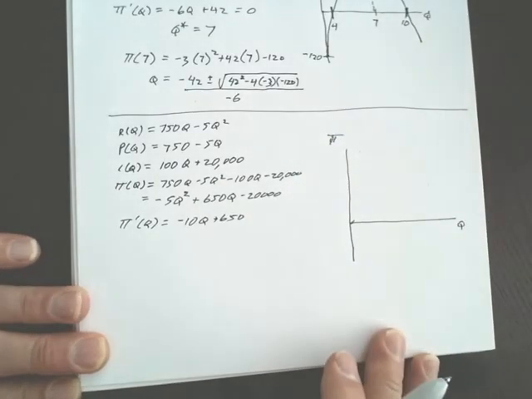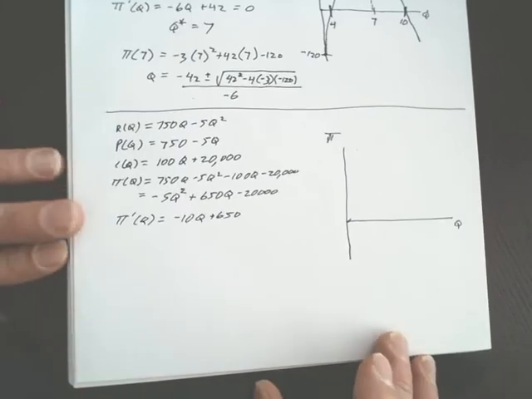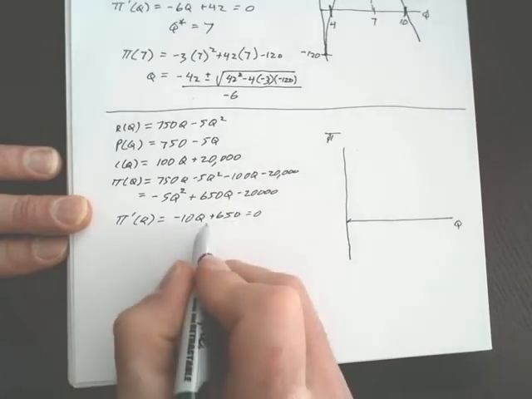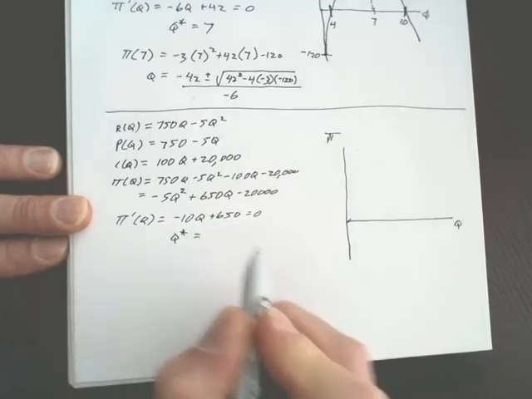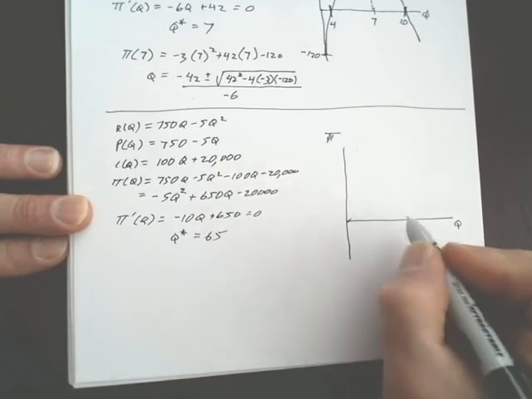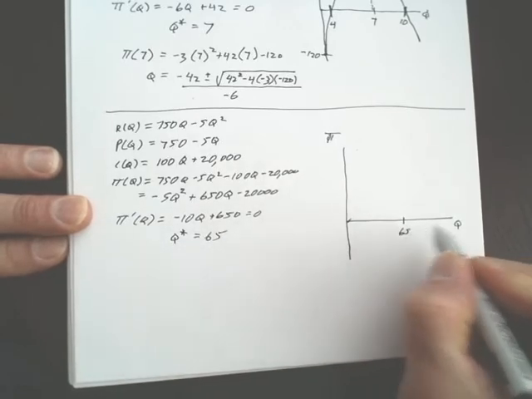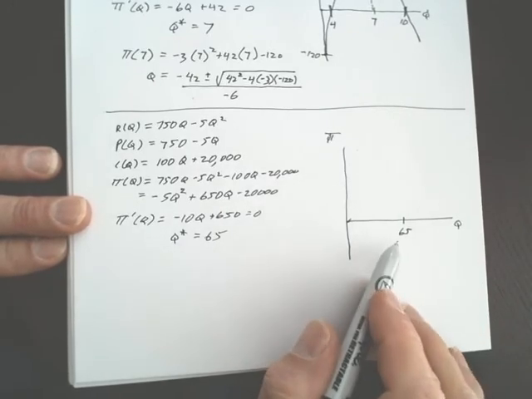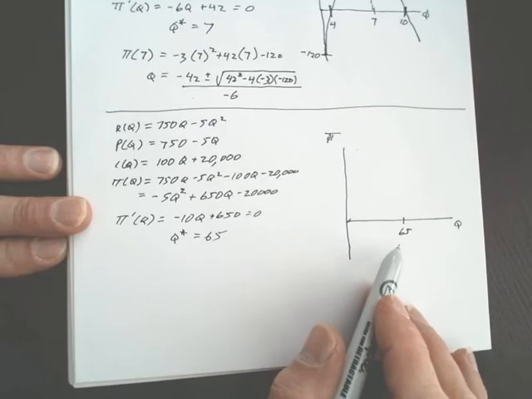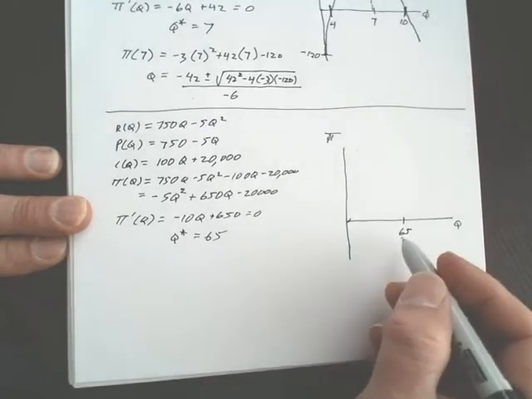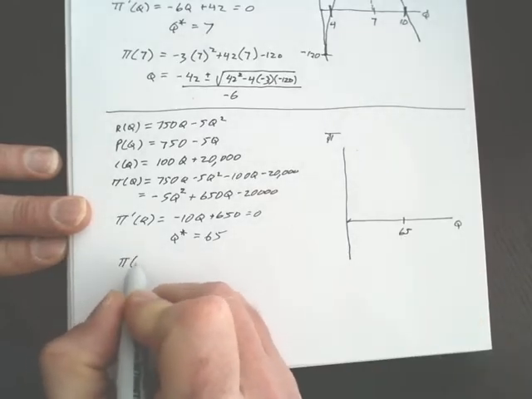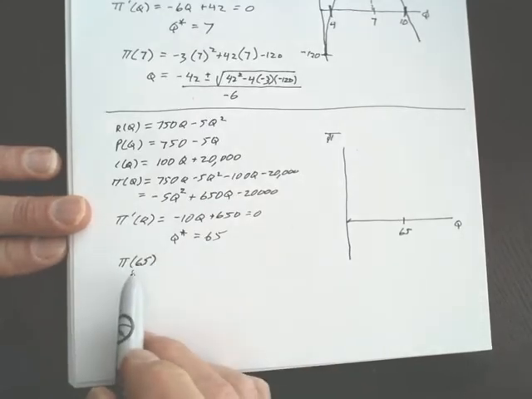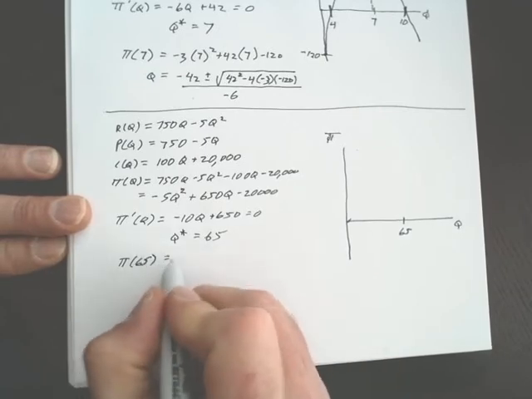Let's go ahead and put our graph together, pi on Q. Setting the first derivative equal to 0, we're going to get Q star equals 65. So at a Q equal to 65, I know my profits are maximized. What is my maximum level of profit at 65 units? Well, that's going to be solved by calculating pi of 65.